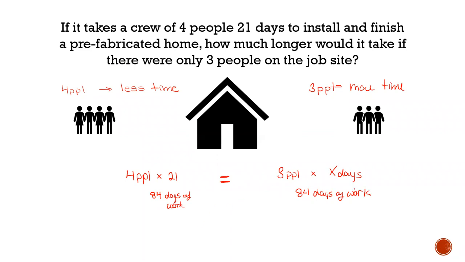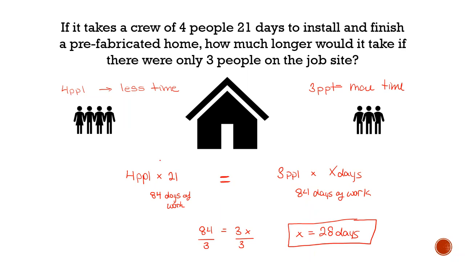So let's take those 84 days of work and split it between 3 people. What we end up with for an equation is 84 is equal to 3x. You know how to do this math. We divide by 3, and we find that x is equal to 28 days. So if we split the work between 3 people, we have 28 days of work.